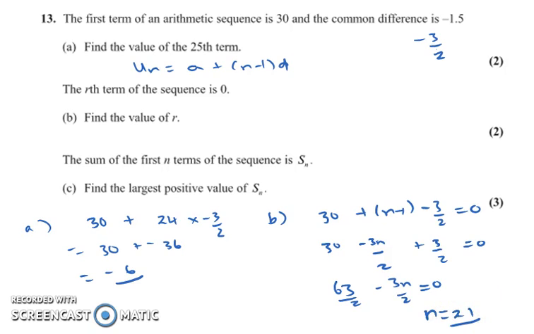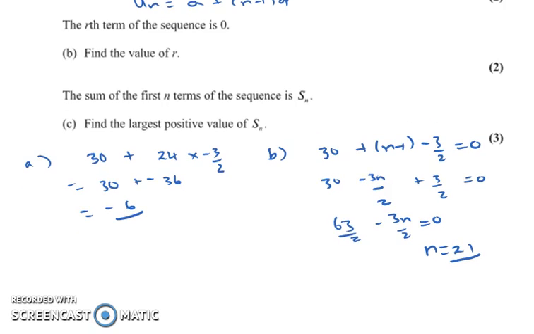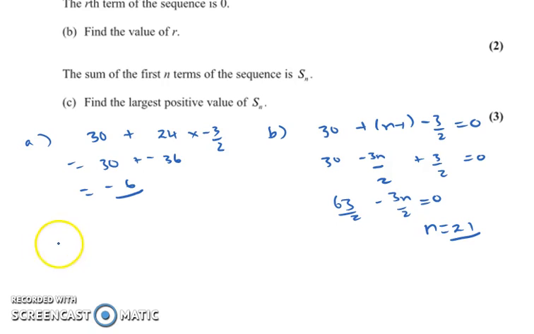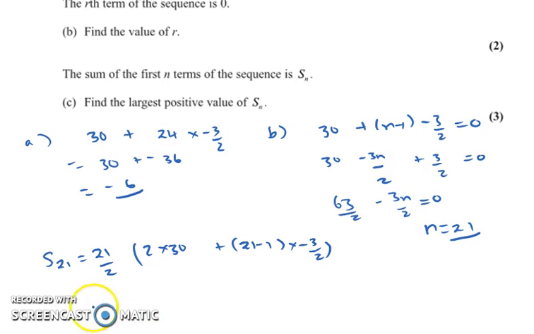Part C says the sum of the first n terms is Sn. Find the largest possible value. Okay, so the 21st term we're going to be using. So we've got S21 equals 21 over 2, 2 times a, add 21 minus 1 times minus 3 over 2.